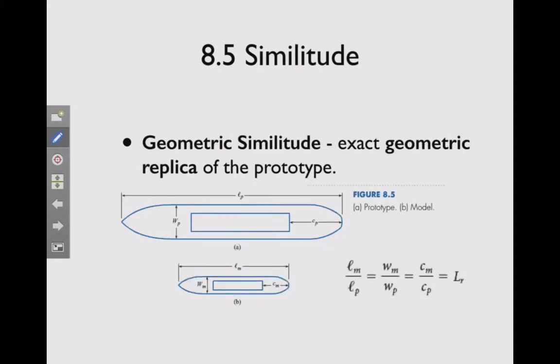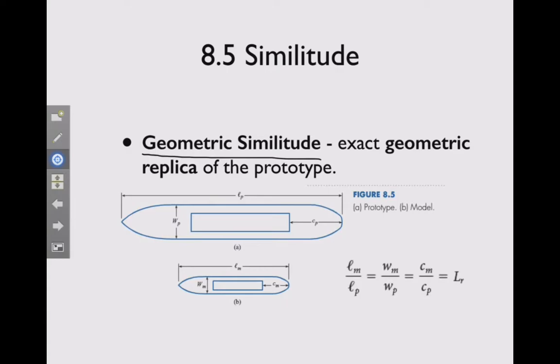So similitude depends on a couple of different things, and the first thing that we can easily conceive of is what's called geometric similitude, and this is that we have an exact geometric replica of the prototype. And so this would be the prototype. We would go out and measure the width and the length and perhaps some other dimensions of the actual unit.